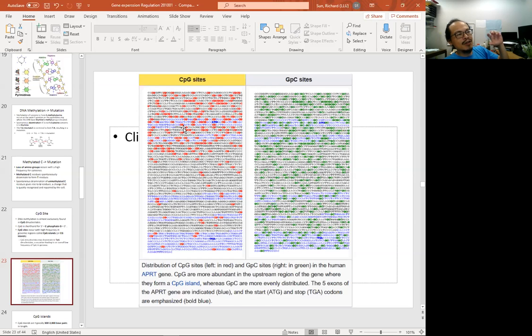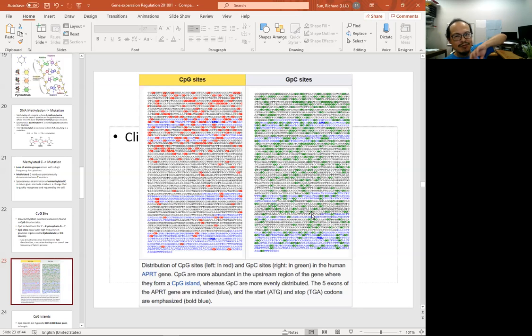So this, we call it a CpG site, or CG island. It's like an isolated region. This is very much like a city, and this is very much like a rural area, right? All people are living in the city, very high density. So this makes us wonder why they are all located here, but not everywhere else.